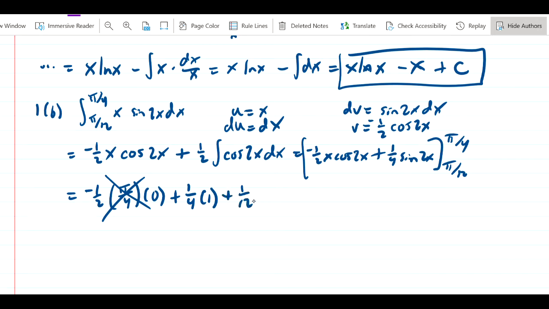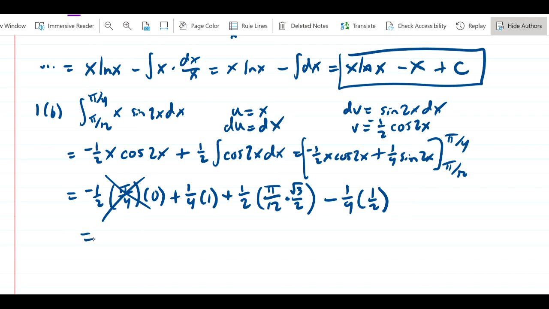So add 1/2 times pi over 12, and cosine of 2 times pi over 12 is cosine of pi over 6, which is root 3 over 2. And then finally we subtract 1/4 sine of pi over 6, which is 1/2.